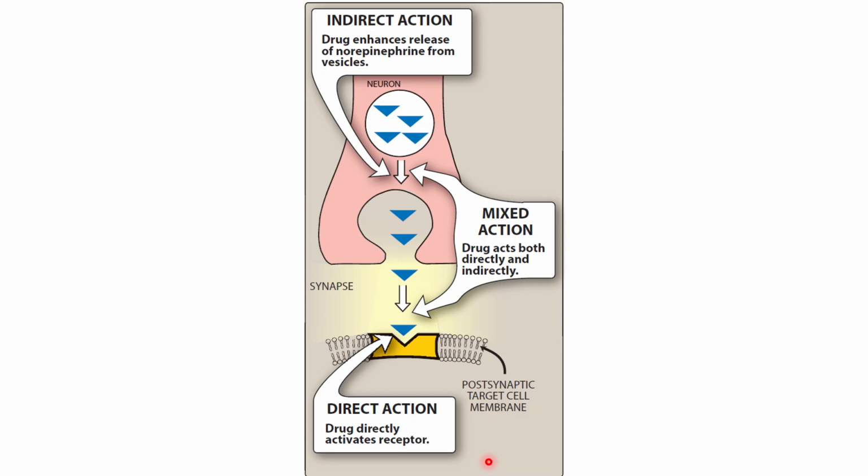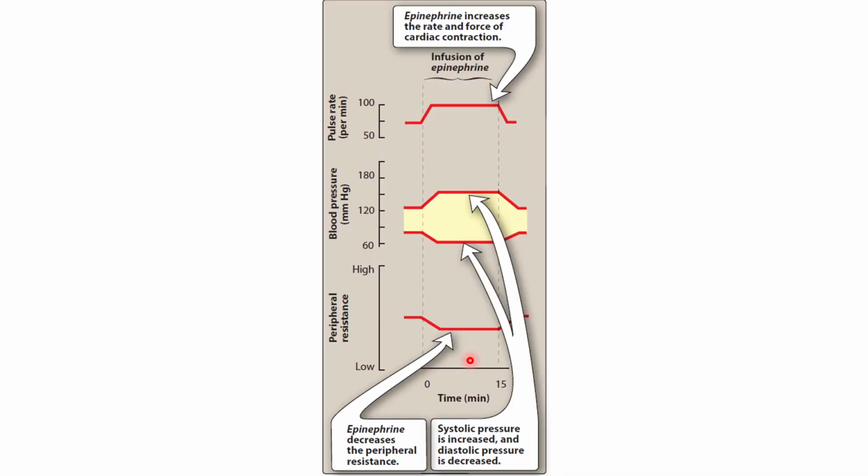Generally there are two subtypes of indirect action: drugs that only act indirectly, which can be by increasing the release of norepinephrine from vesicles, and some drugs that have mixed action, so they not only increase the release of norepinephrine but also stimulate the receptor directly. This is the most common type of drug, like ephedrine and pseudoephedrine.